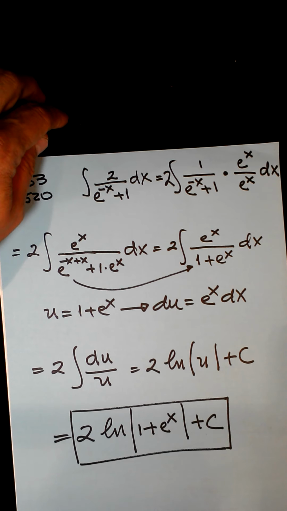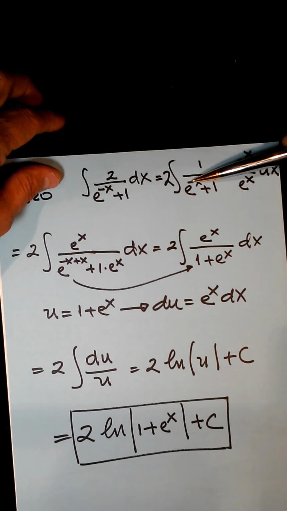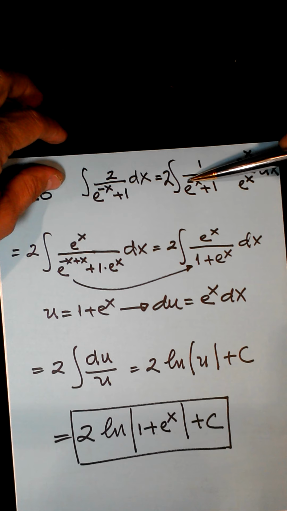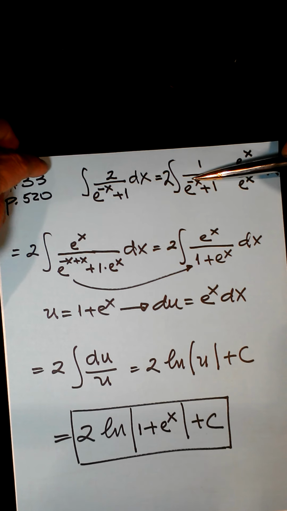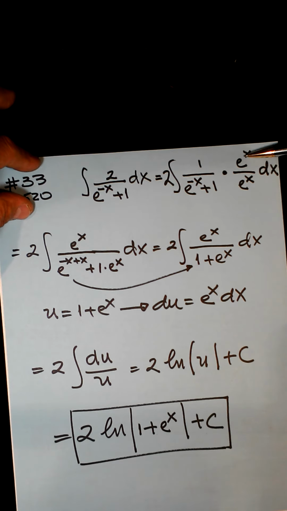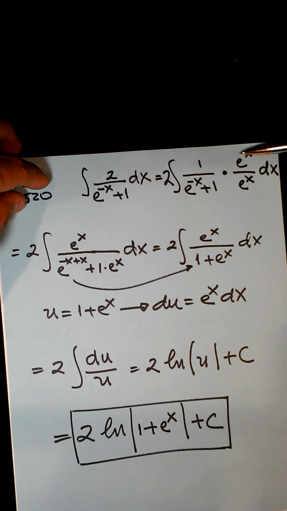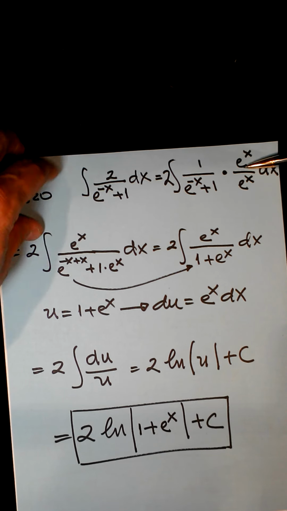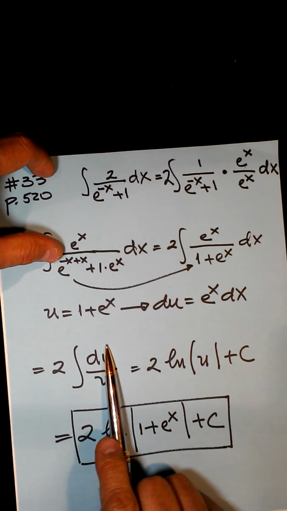Well, the conjugate of e to the minus x is e to the plus x. Remember that from conjugates. You have to flip the sign, otherwise it won't work. It will make it worse if you put minus and minus here. It's plus.